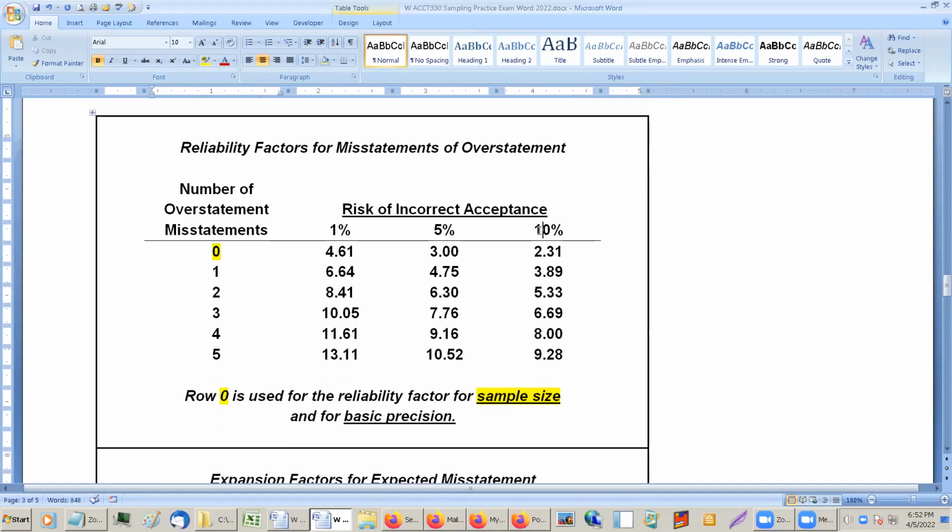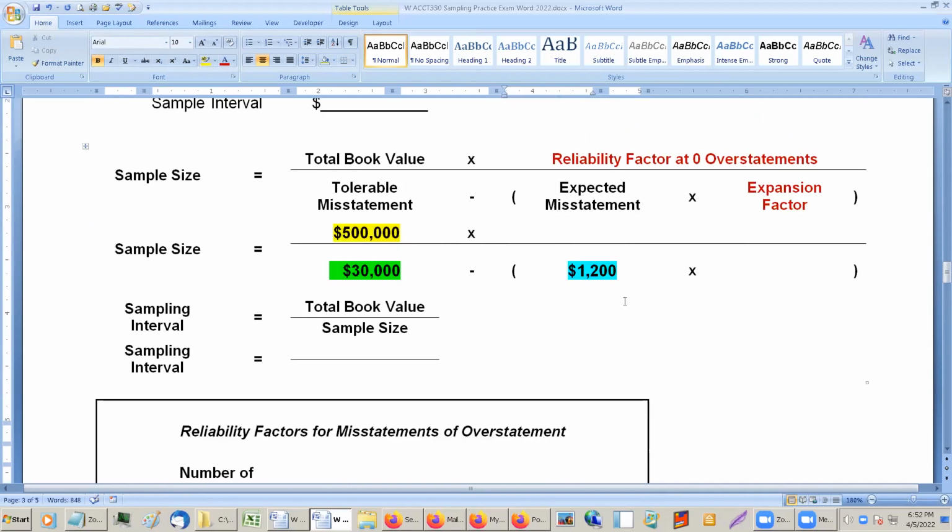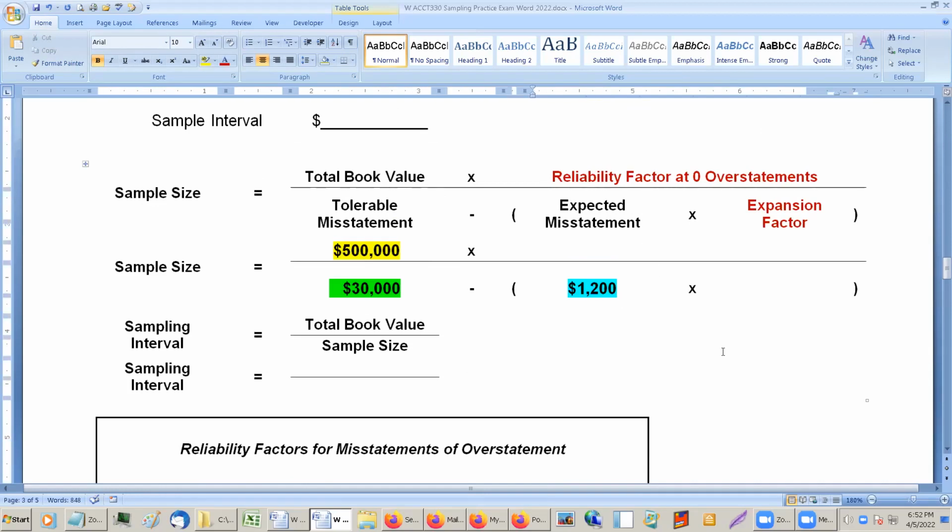It's 10%, right? 10%. And so 2.31 is going to be our factor that we use up here. So this will be 2.31.